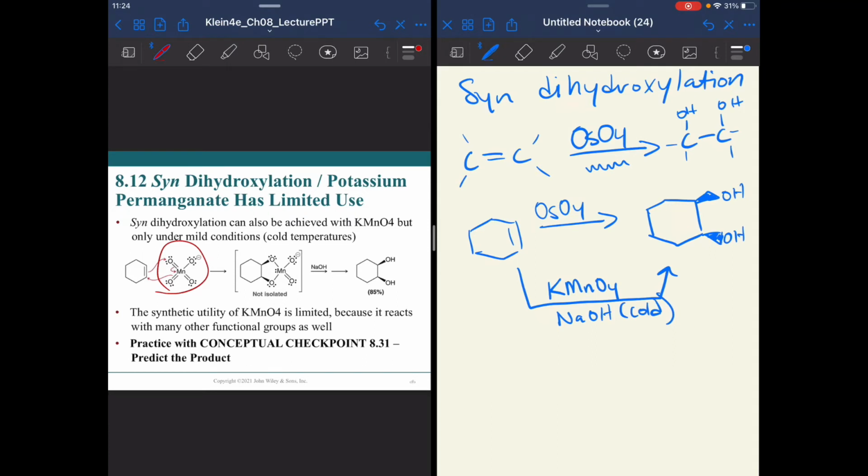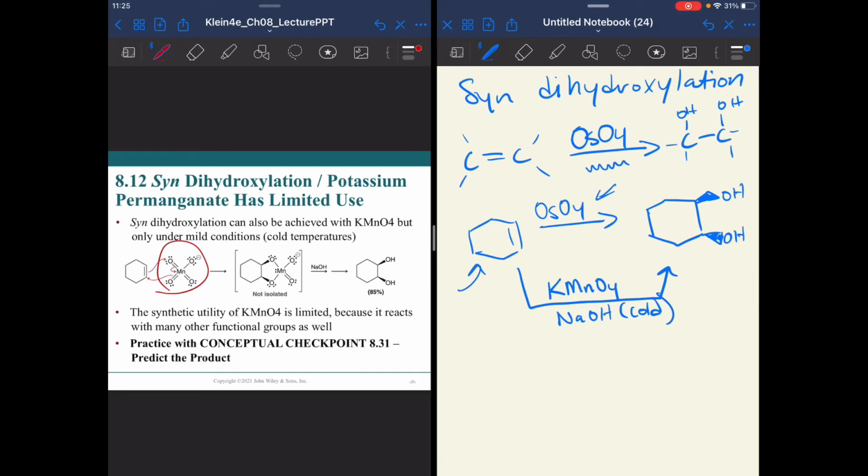Well, because one, permanganate can be difficult to stop at the diol. It could also react with other functional groups that you have. And maybe it doesn't give as good a yield, and osmium gives a great yield. If your starting material is really expensive or it took you months to make, you may want to go the expensive, toxic route that gives you a really good yield.